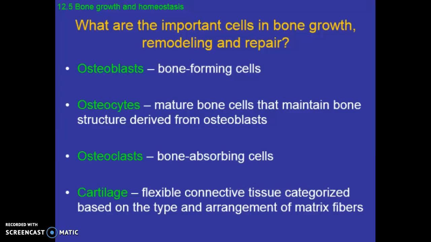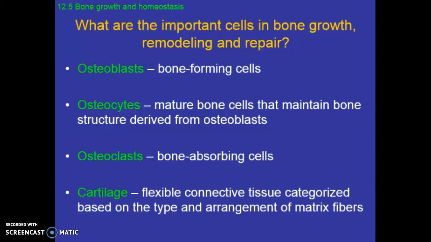The osteoblasts are bone-forming cells. The osteocytes are mature bone cells that maintain bone structure. And these cells are actually derived from osteoblasts themselves that actually get caught in the middle of the bone as the bone is being made. And then there's what are called osteoclasts.